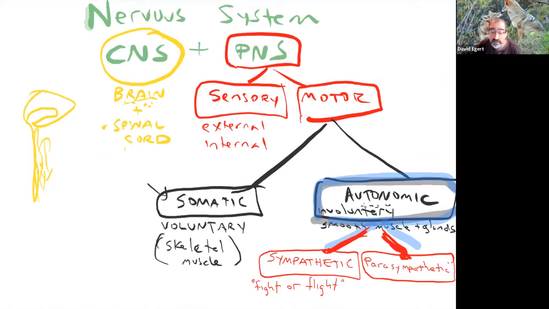So sympathetic, that fight or flight, the adrenaline rush, right? Adrenaline is going to trigger most of these sympathetic actions. We'll talk about what adrenaline is. British, epinephrine is what we're going to call it, epi or epinephrine, but it's basically going to be like a wholesale activation of sympathetic activity in your body.